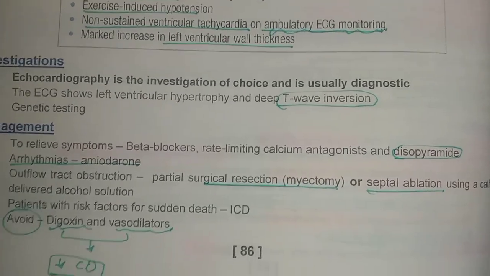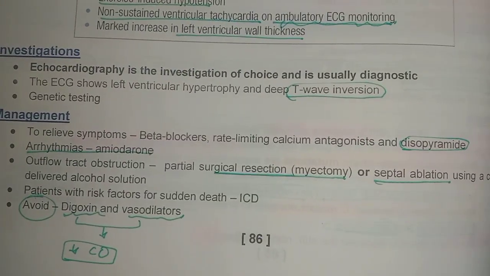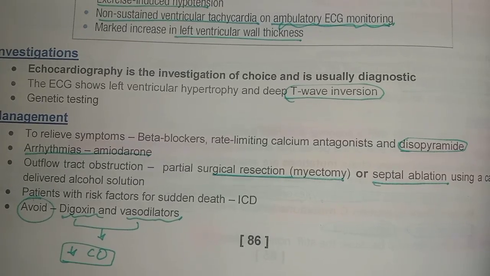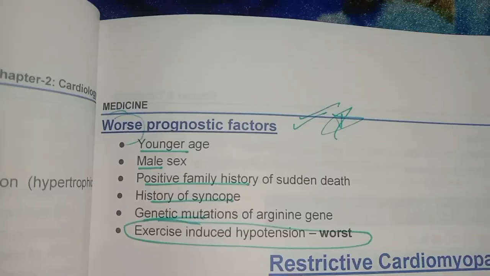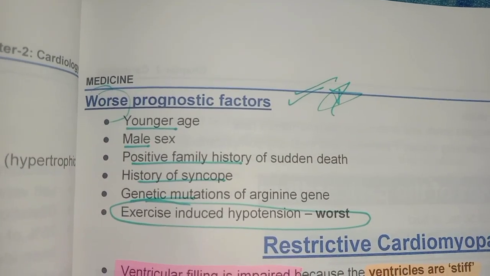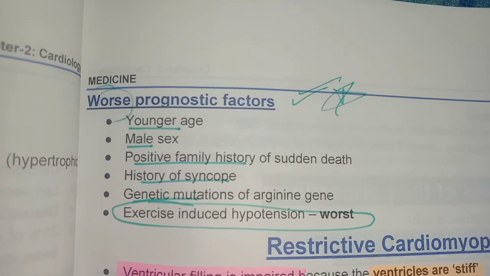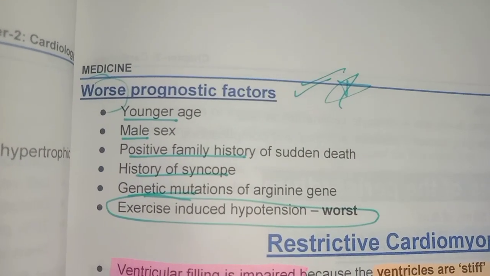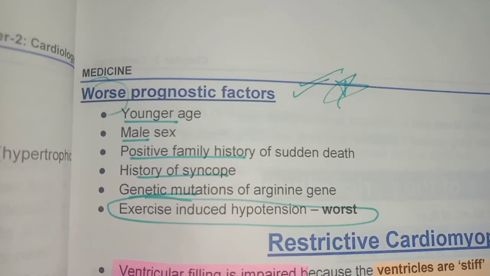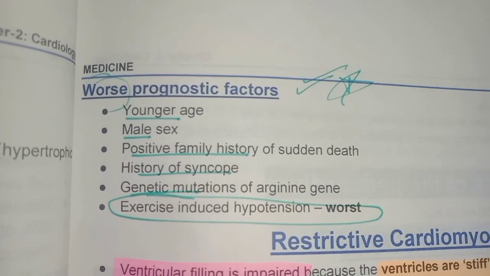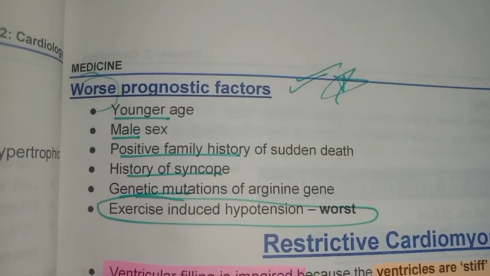Then avoid digoxin and vasodilators because they cause decreased cardiac output, which will lead to decreased perfusion. Worst prognostic factors include younger age, male sex, positive family history, history of syncope, genetic mutations of the arginine gene, and exercise-induced hypotension, which is worst.